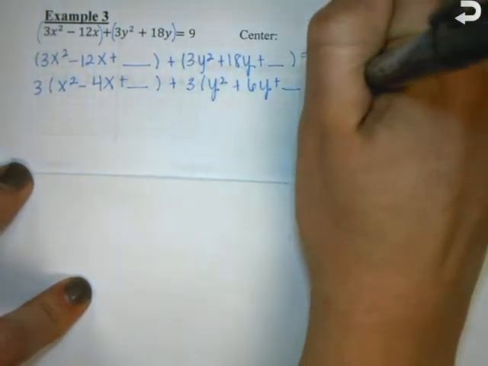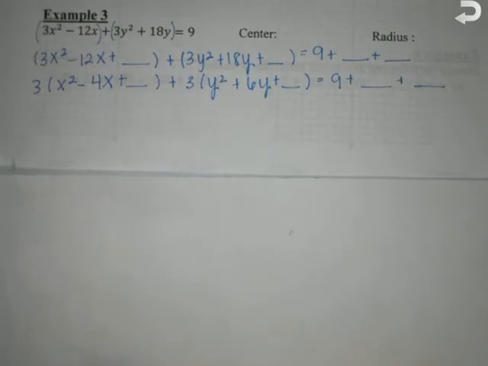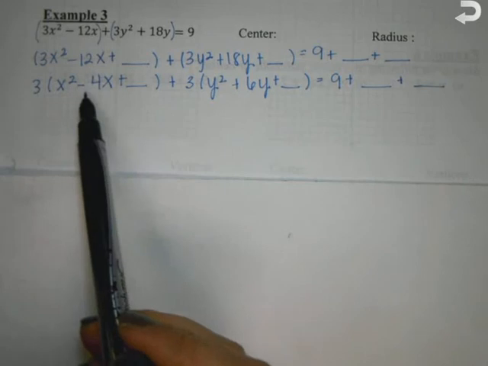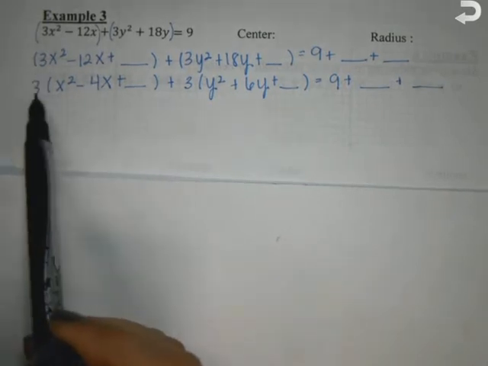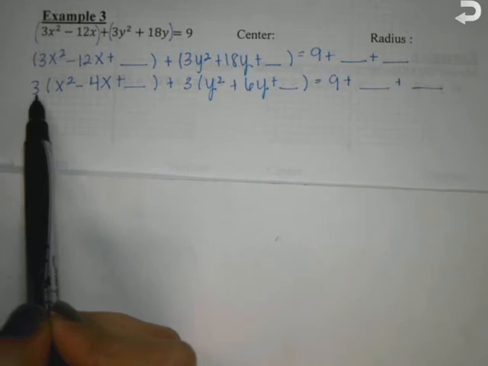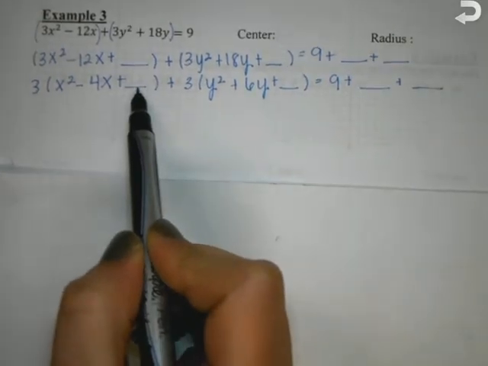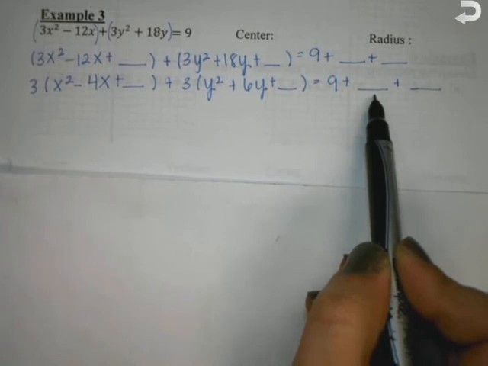Okay. One other thing we have to remember when we're completing the square and we factored out a 3. Since I factored out a 3 here, this number is going to be different. What do I have to remember to do on the right-hand side for that blank? You can just divide everything by 3 in the first place.